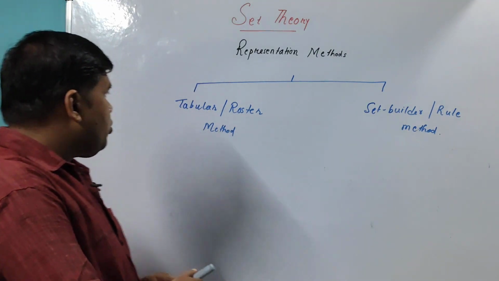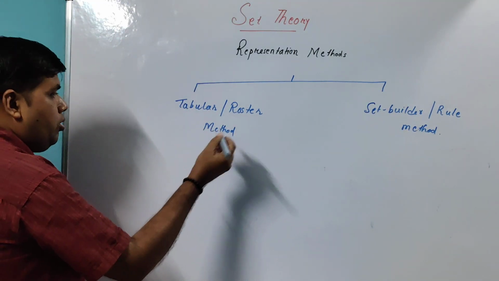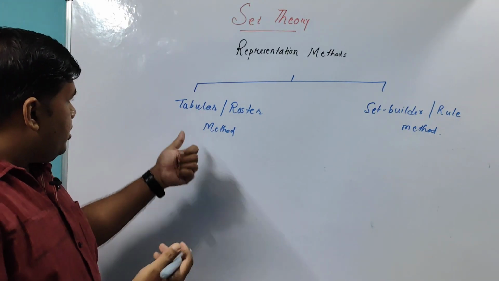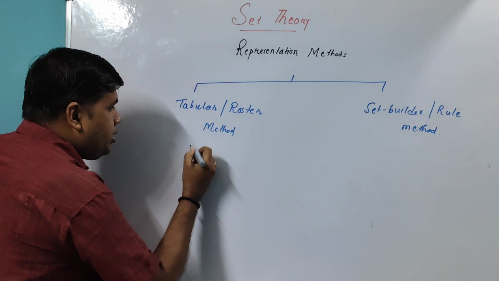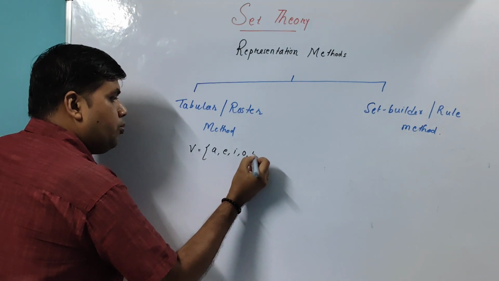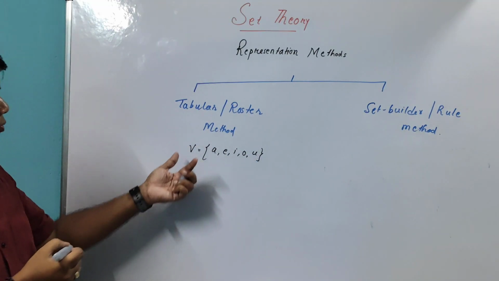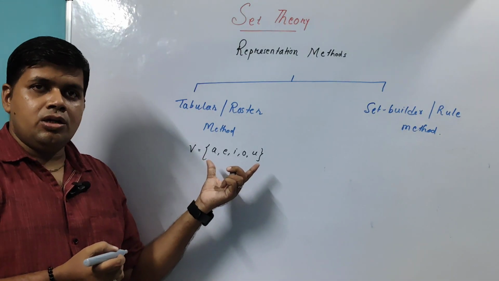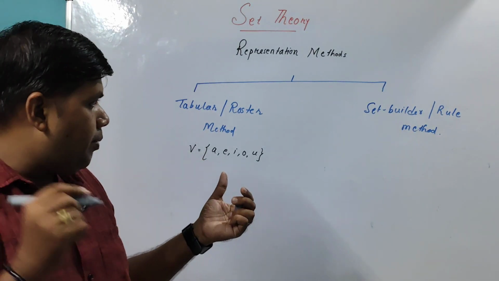So let's first go by the tabular or roster method. The method that we discussed in the first lecture is the tabular method. For example, V equal to {A, E, I, O, U}. So V is a set of vowels, consisting of the vowels of the English alphabet.